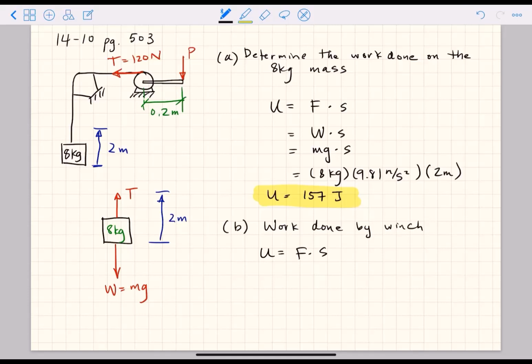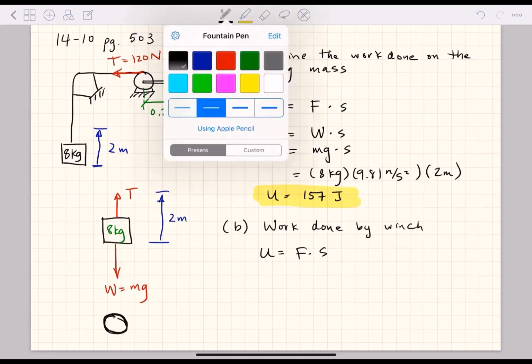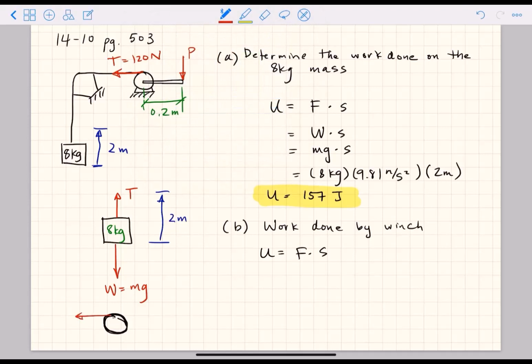If we're just looking at the winch itself, you can draw the free body diagram for this one. So, work done by the winch. All that's happening is, here's the winch, and we know there is a tension in that line, and we've already said that tension is equal to 120 newtons.